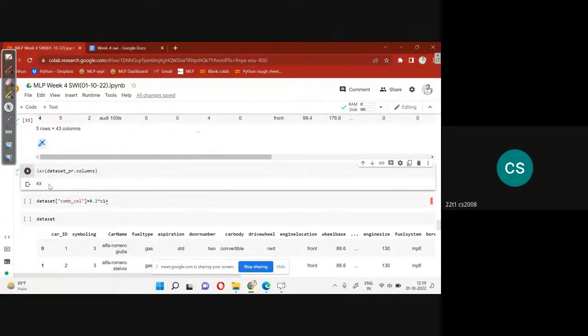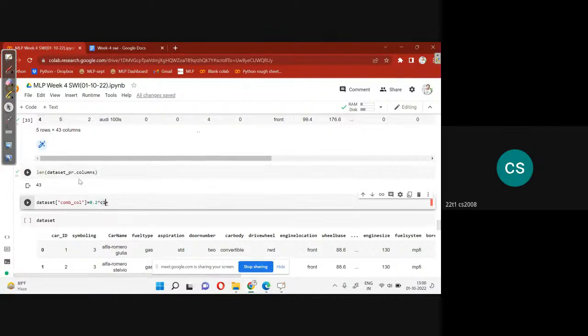You can do that. I also don't know what the result would be, seriously, because usually we do it for the numerical columns only. So you can try that and see whether you are able to improve your performance or not.